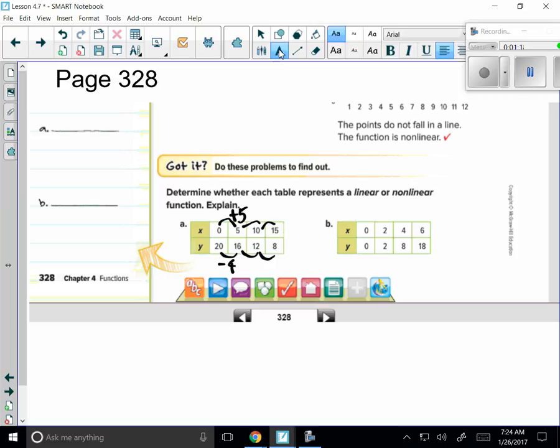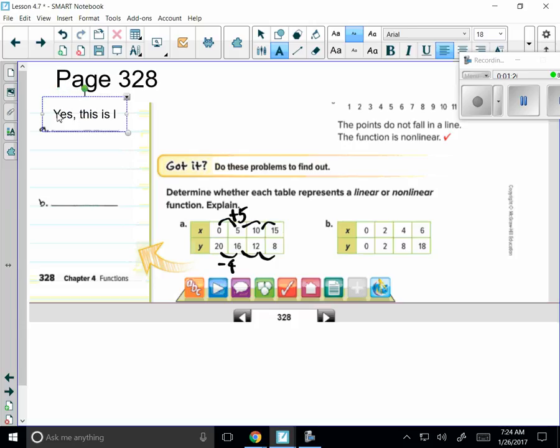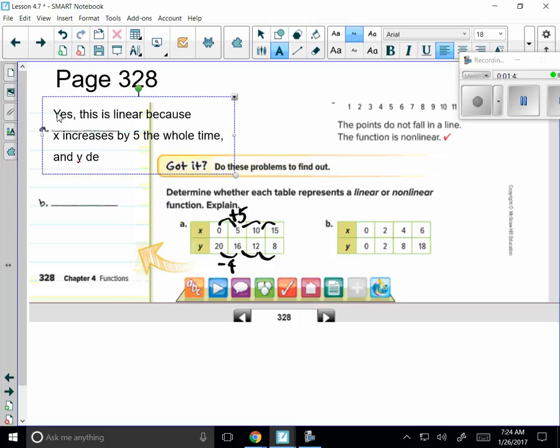So if I were to explain if this is linear or not, which we do need to do because it says to actually explain it, I would say, yes, this is linear because x increases by 5 the whole time, and y decreases by 4 the whole time.